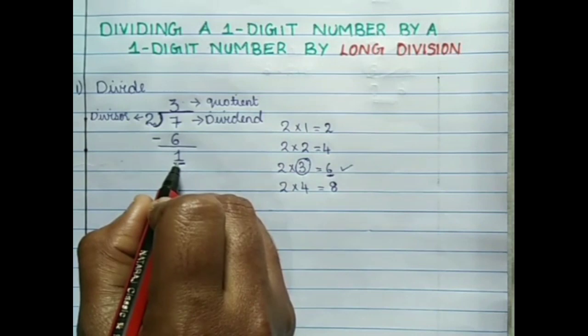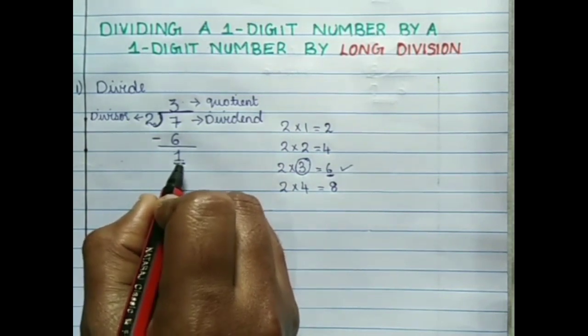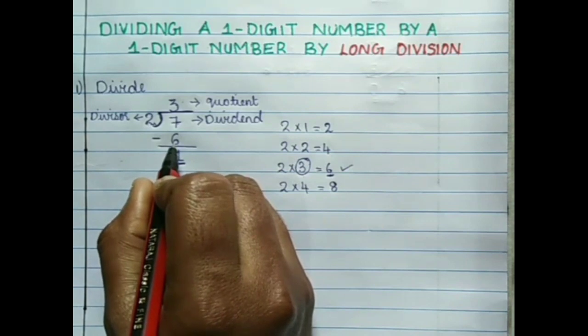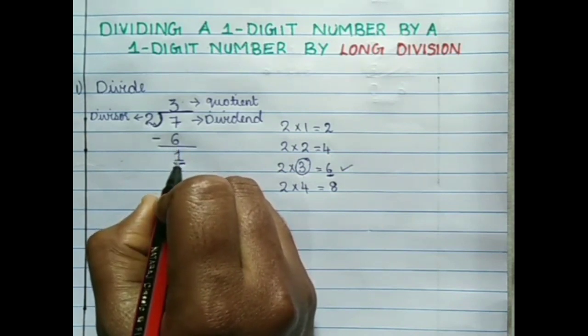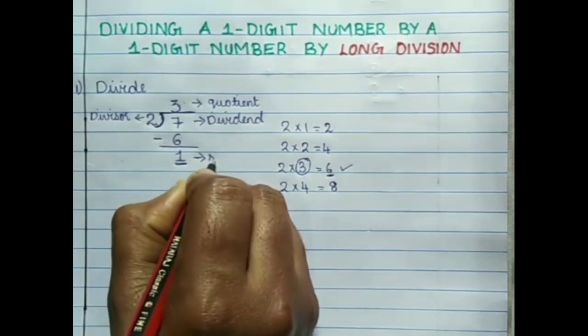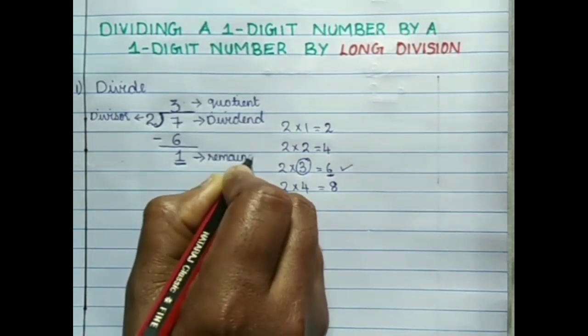And here we have another term which is called remainder. When we subtract from the dividend, the answer we get is called, yes, remainder. So here 1 is the remainder.